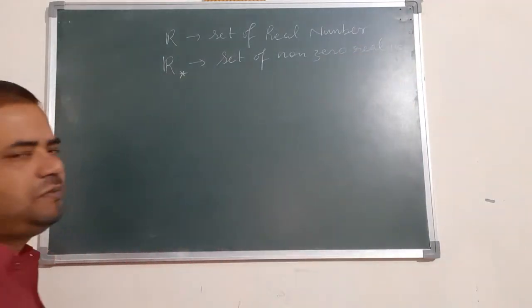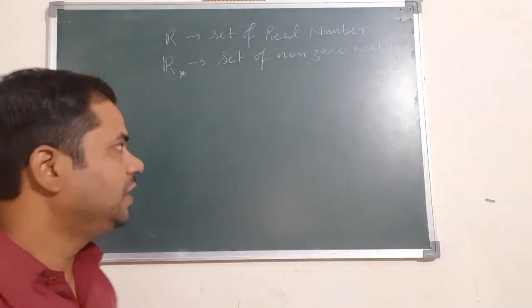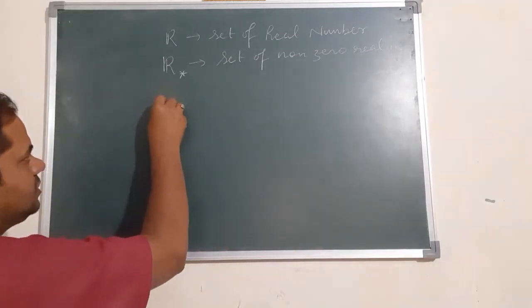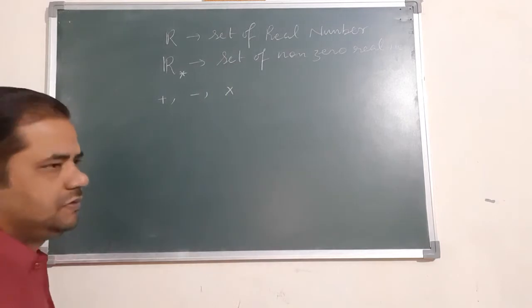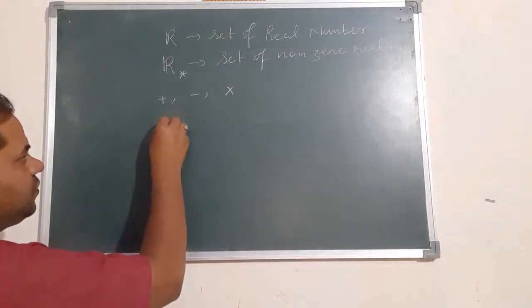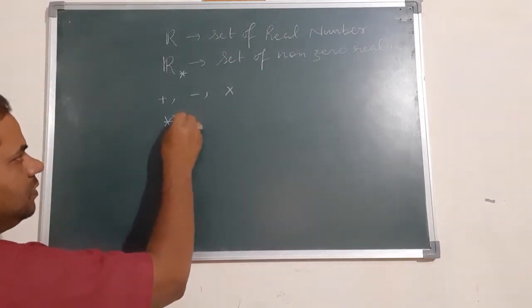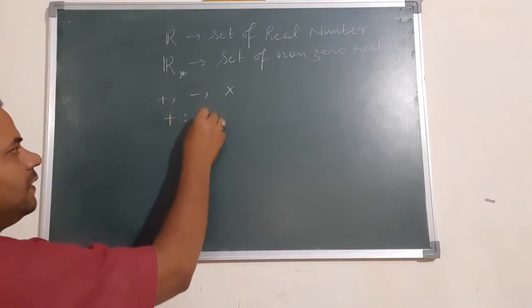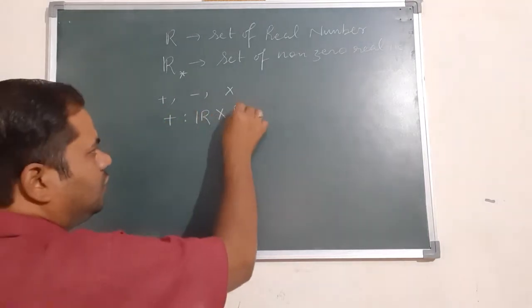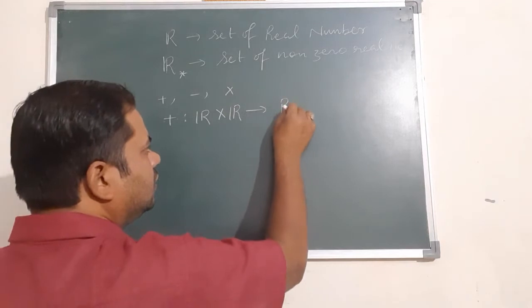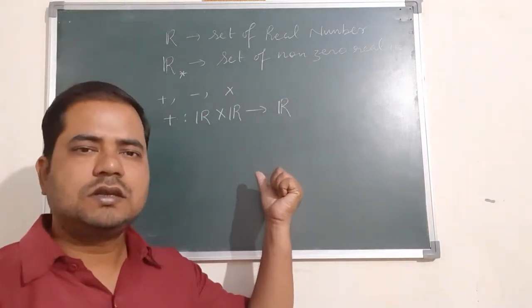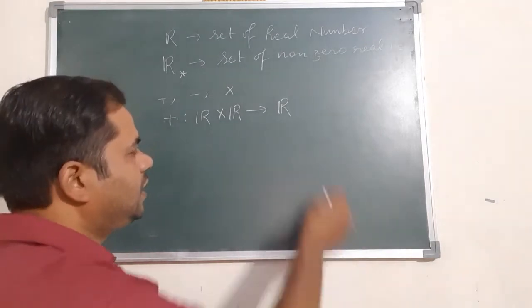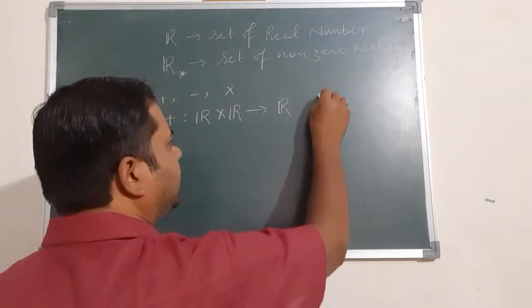Okay, this is the set of non-zero real numbers. If you consider the operations plus, minus and multiplication, okay, so plus from R cross R to R, maybe this is a binary operation. Okay, so this is a binary operation.